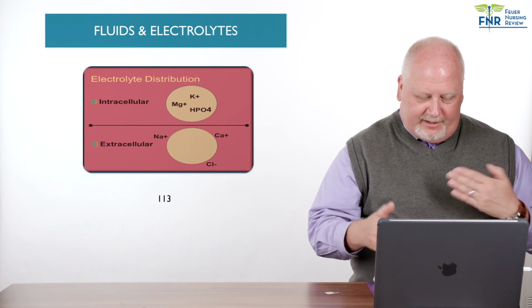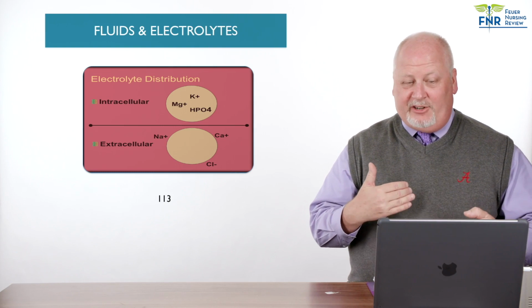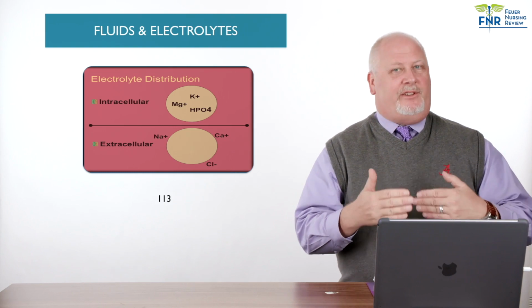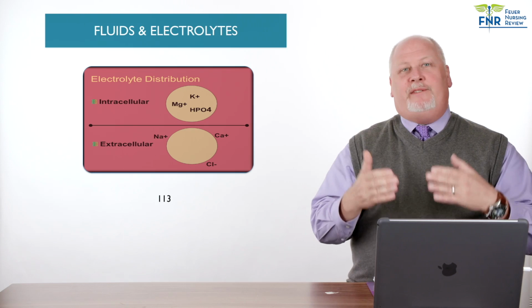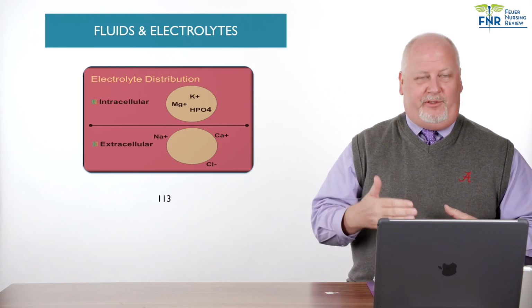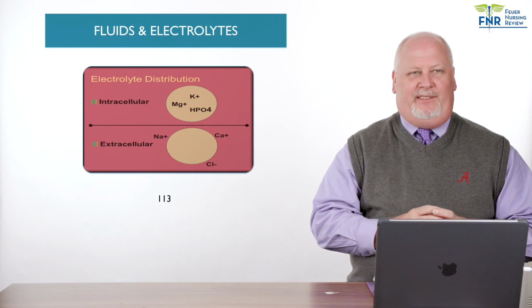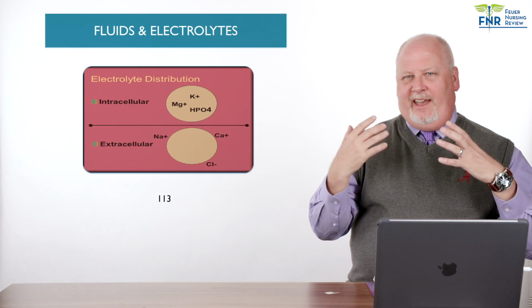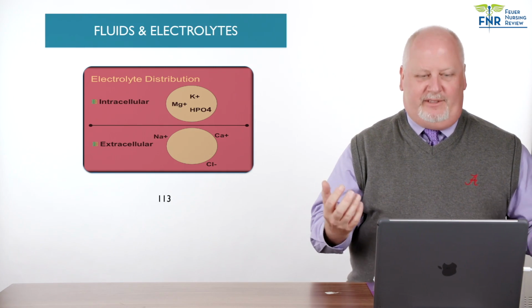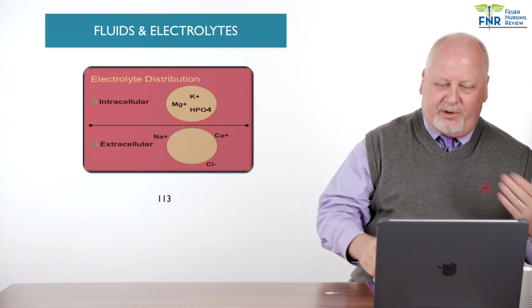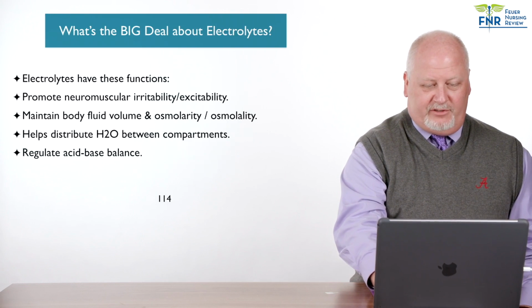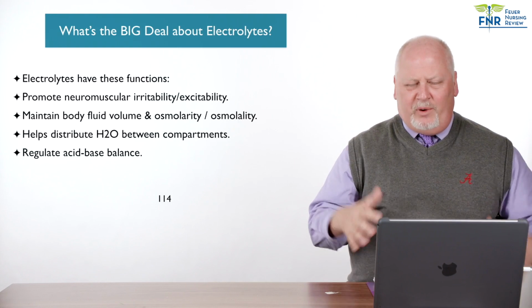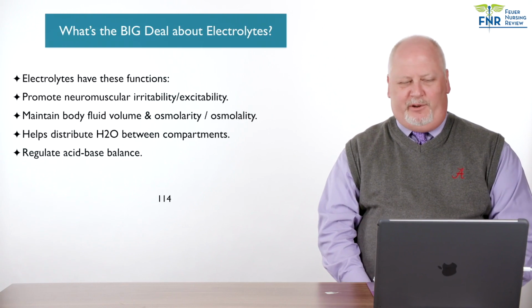All right, so we're going to talk about some specific electrolytes. And NCLEX is going to want you to know what some of these normal values are. They're not going to tell you that the potassium level is 2.2, as we mentioned earlier, and that's low. You need to know that that's a low potassium level. So we're going to go over some different electrolytes. So what's the big deal about electrolytes in the first place?